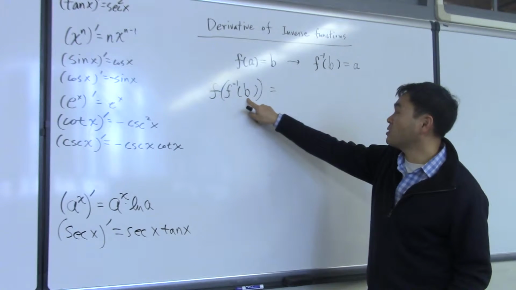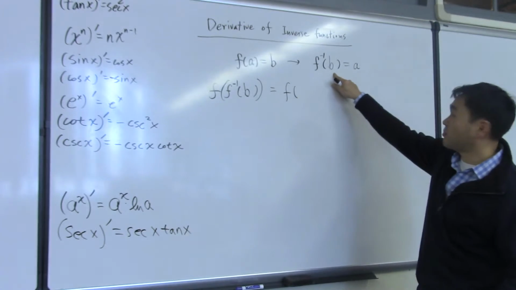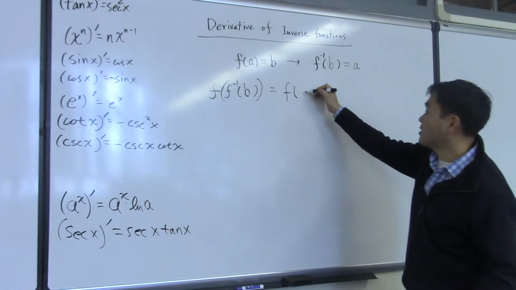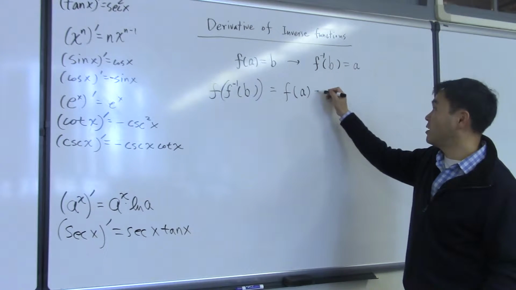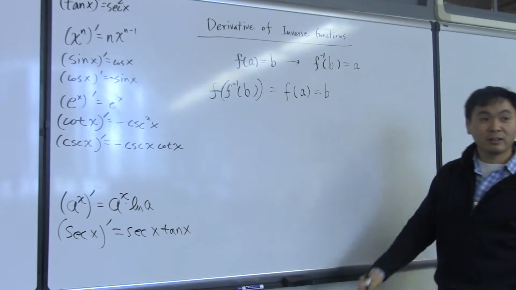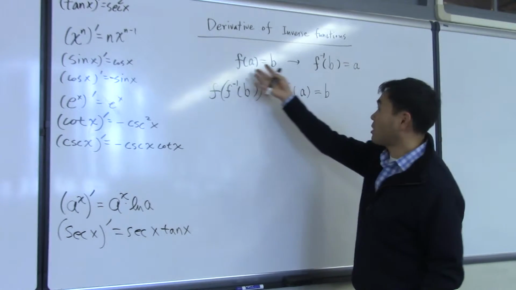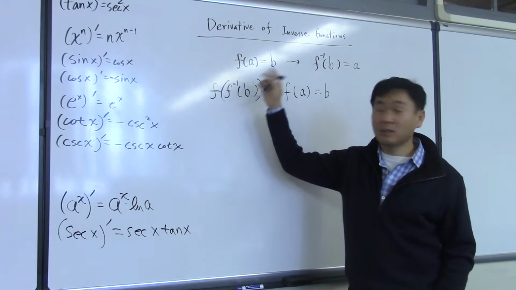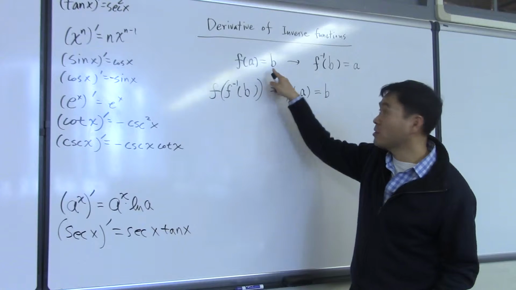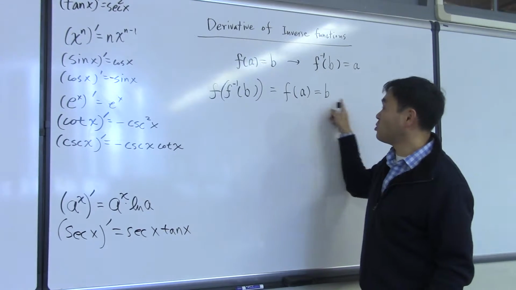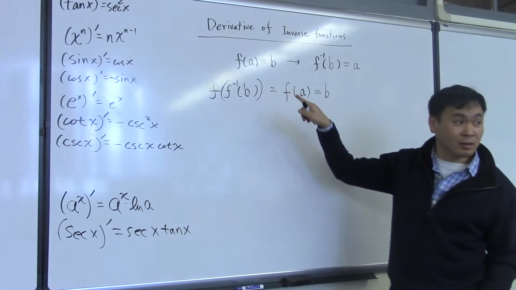Suppose you plug in b into f inverse, then you get, because we said f inverse of b is a, you get f of a, right? But what is f of a? B, right? And because a and b were some arbitrary pairs of input and output, we chose a arbitrarily and b was its output, this should hold for any value b that's in the range of f.